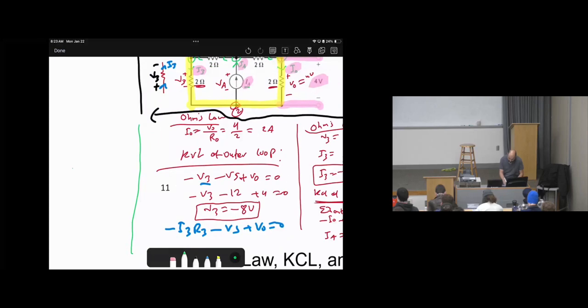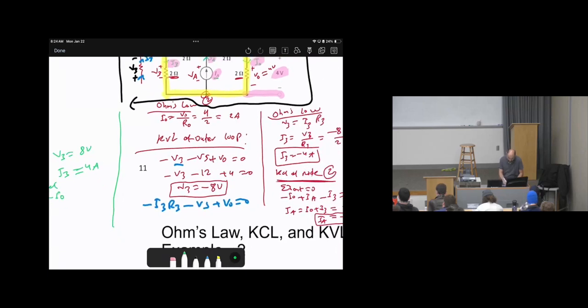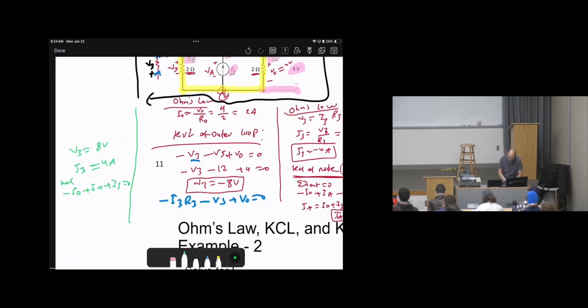So V3 will be positive 8 volts instead of negative 8. Then I3 will be 4 amperes instead of negative 4. Then when you do your KCL, it will be negative IO, then plus IA plus I3 equals 0.